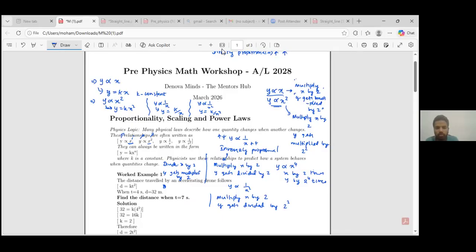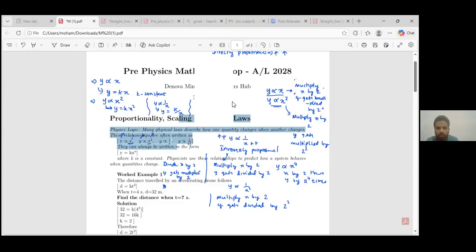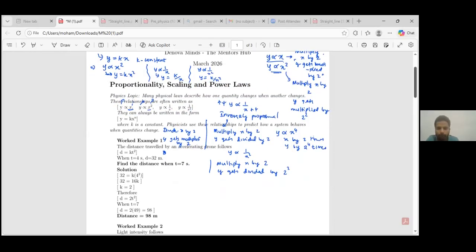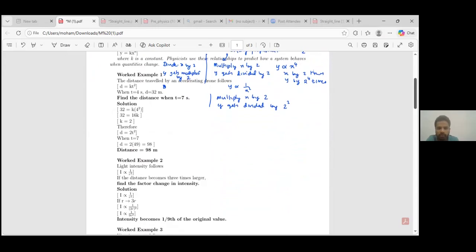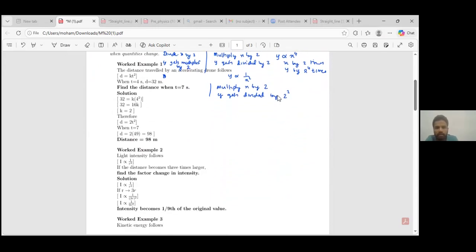So for example, consider the first worked example. It says the distance traveled by an accelerating drone follows d equals kt squared. Okay, so d equals kt squared.